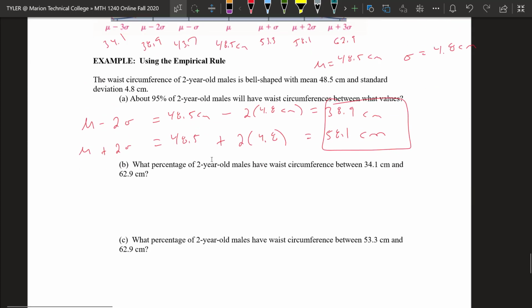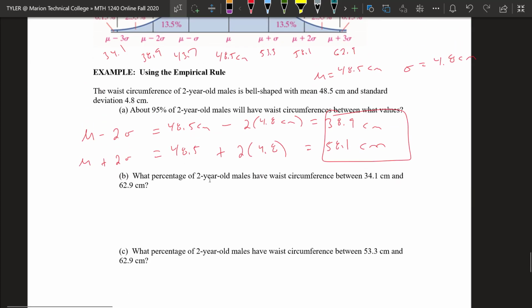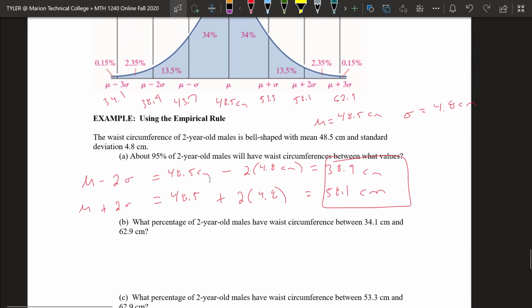And then part B says, what percentage of 2-year-old males have a waist circumference between 34.1 and 62.9? So we're looking at 3 standard deviations, 34.1 and 62.9. So that would be 99.7%, because they're within 3 standard deviations.